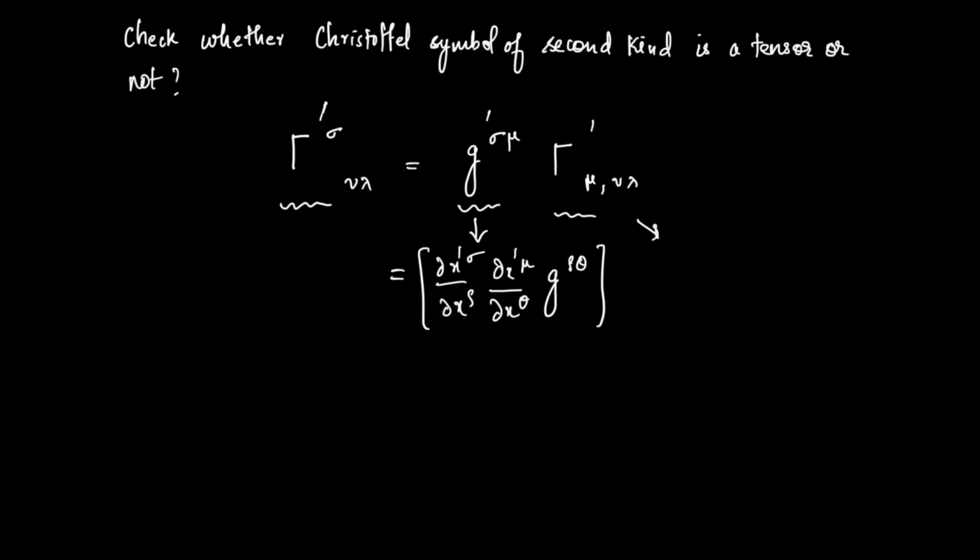Now for this Christoffel symbol of first kind, in the last class we have seen how it transforms. It does not transform like a tensor. So it has two terms.